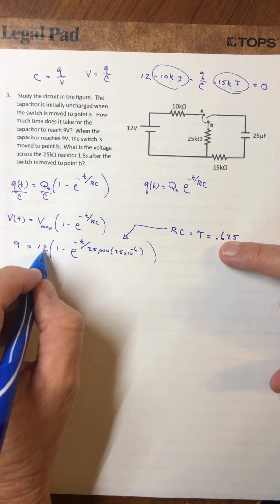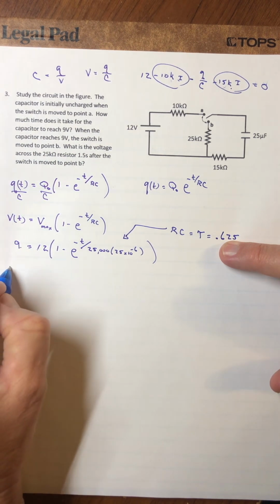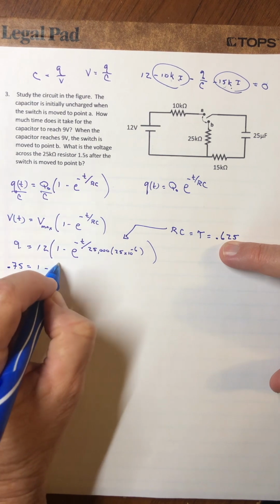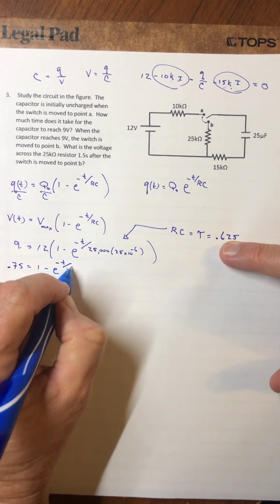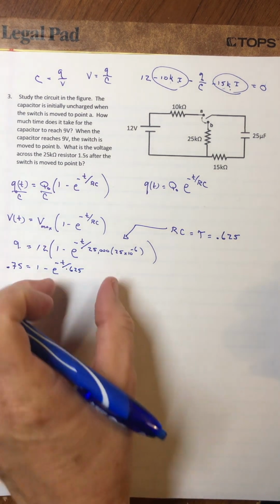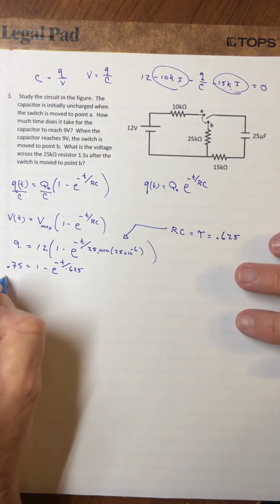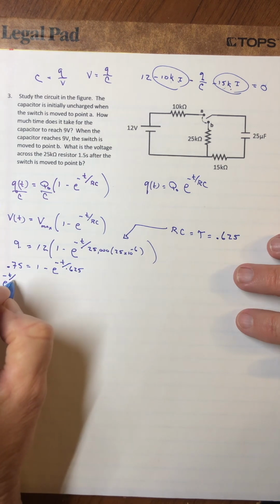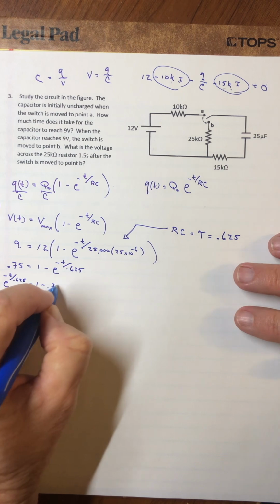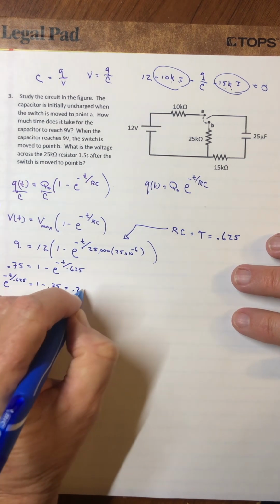Although I think I will move the 12 over to here also. So this is a 0.75, and then we've got a 1 minus e to the minus t over 0.625. And now maybe I'll move the e over to the other side, and the 1 minus 0.75, which is 0.25.